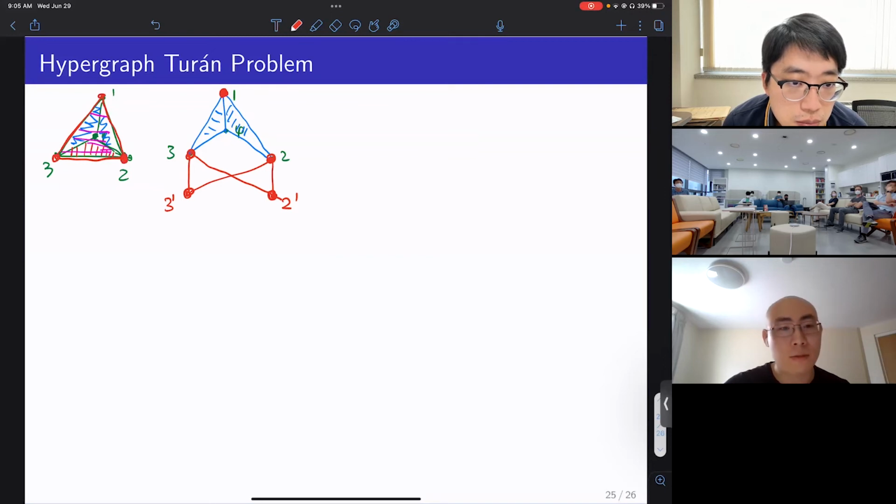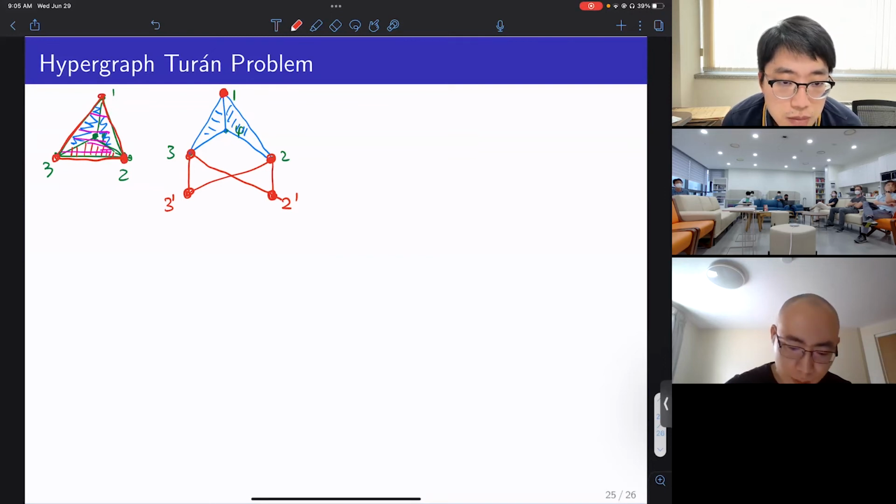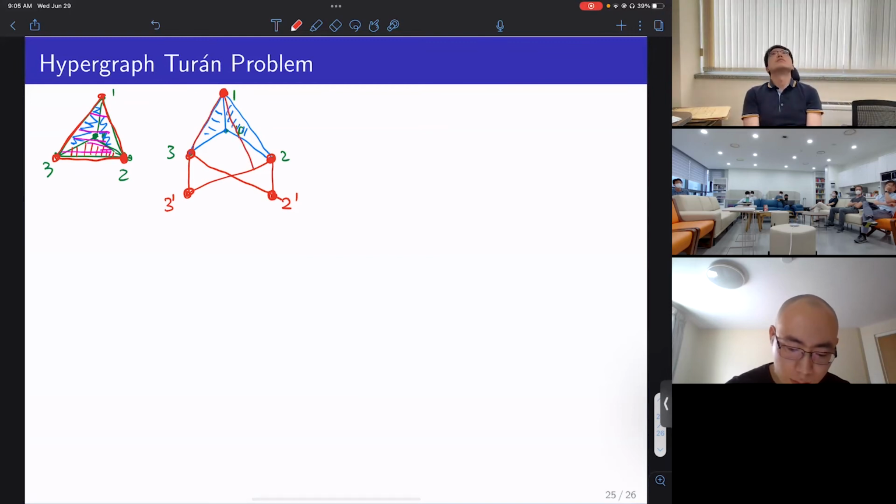Now it becomes 4 edges: vertex 1 is joined to every pair here.